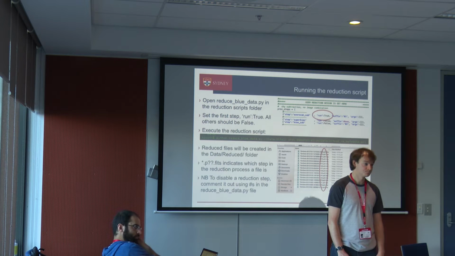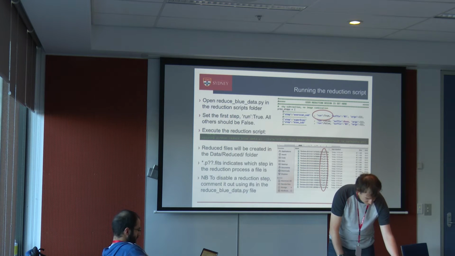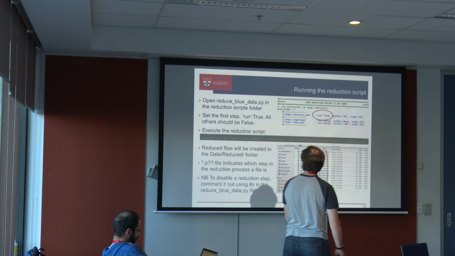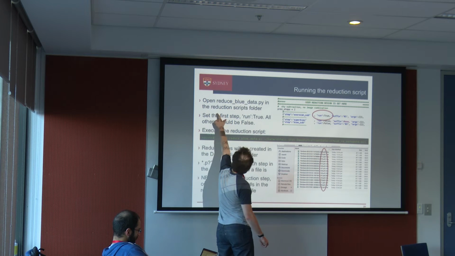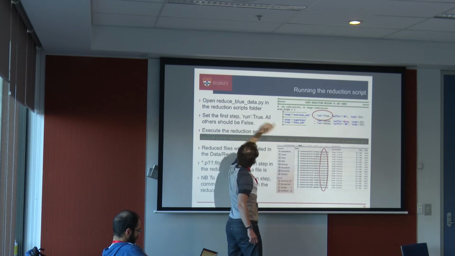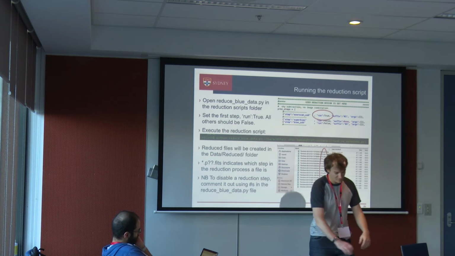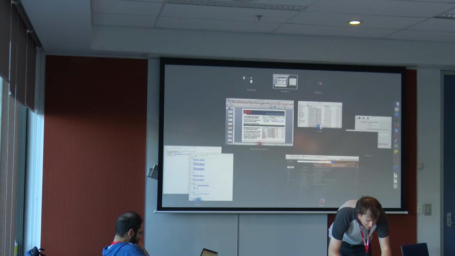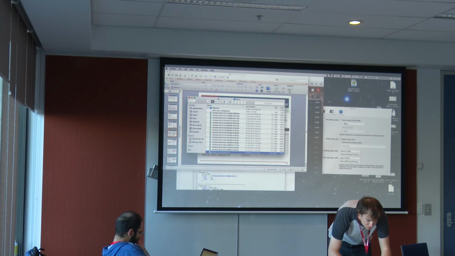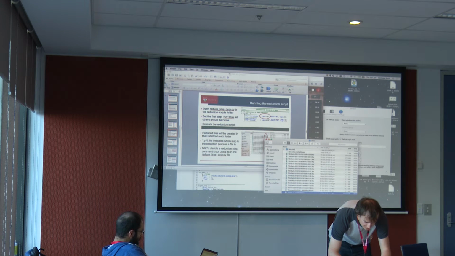Oh. Okay, so now we're going to get onto the actual data reduction part. The data reduction part is done in this reducedbluedata.py file. This is in the reduction scripts folder, which is in code, ITSO reduction scripts.